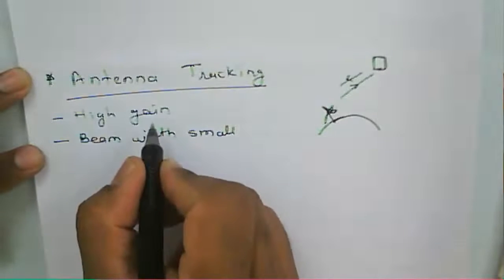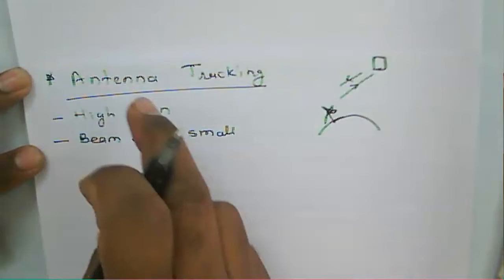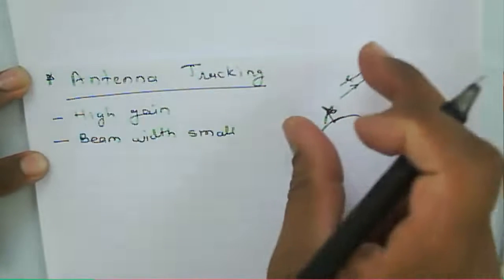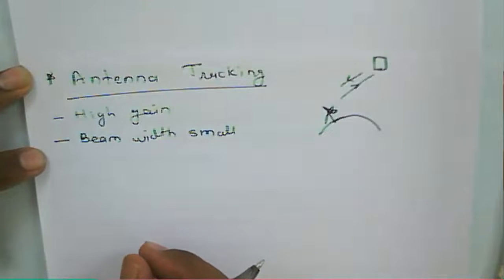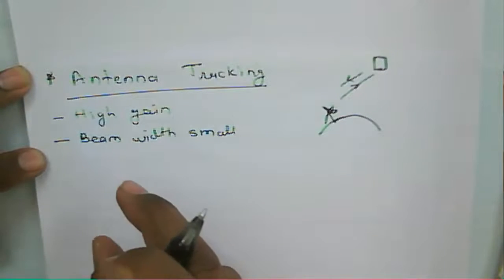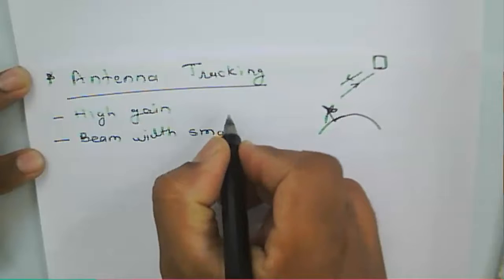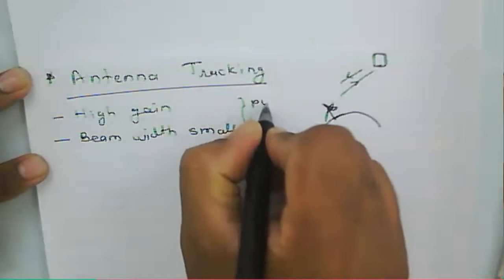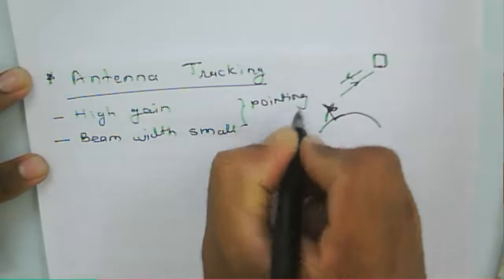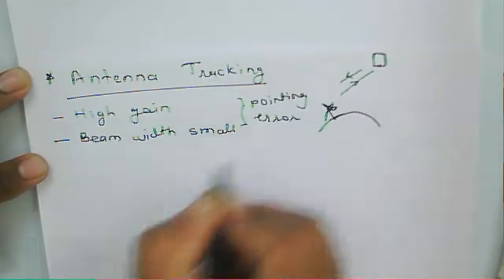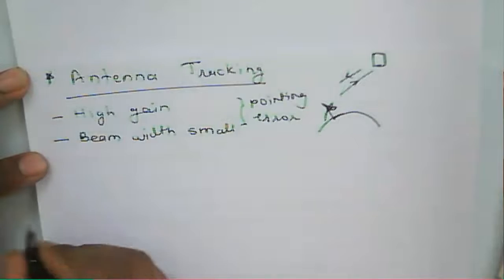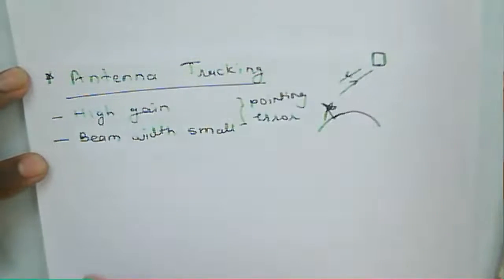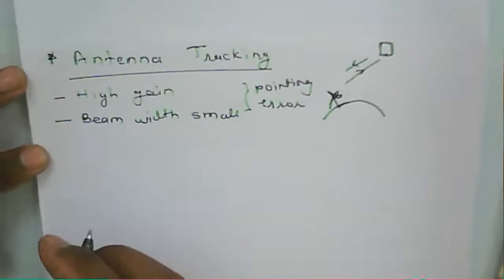These are the necessary factors while considering the direction of the antenna, or these are the two factors that will minimize the pointing error. So we can use this type of antenna which has a high gain and a small beamwidth.